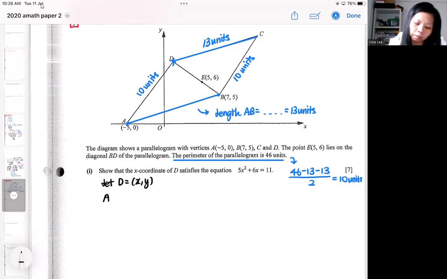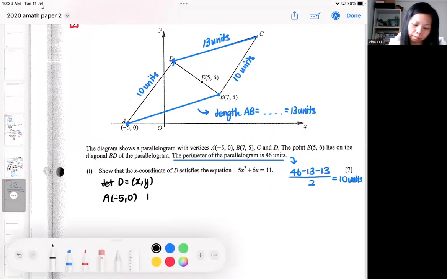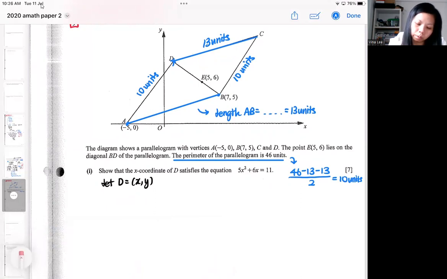And now that you know that the length is 10 units, we will try to form the length formula.